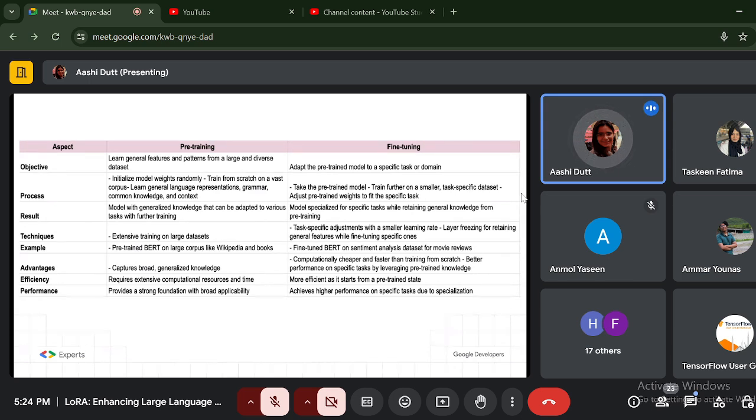So if I want to do a sentiment analysis on a Twitter data set, saying that something is funny or something is not funny, I would consider a different data set. I would consider such examples that would actually showcase that, okay, this is funny, this is not funny. I won't consider all the information available on Twitter, right? So that is the difference between pre-training and fine-tuning.